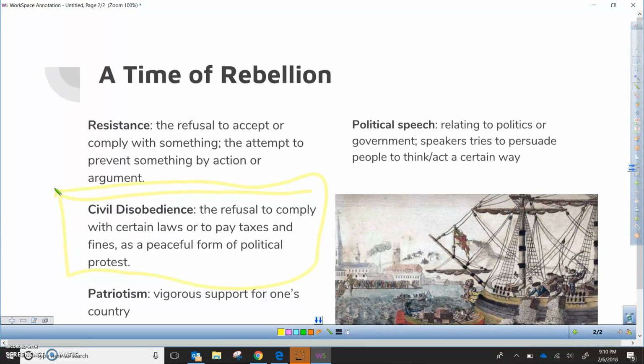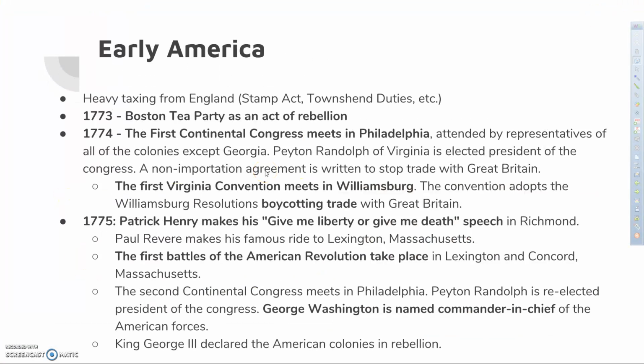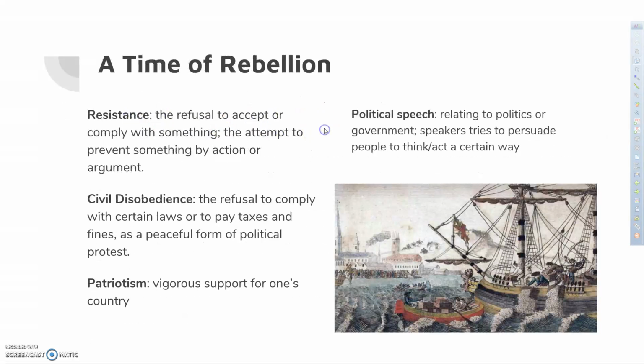So this is only done when the people are angry at the government for usually a law that has been enacted or for having to pay taxes that are unlawful. So if you remember, we talked about the Boston Tea Party, right? That was an act of rebellion.